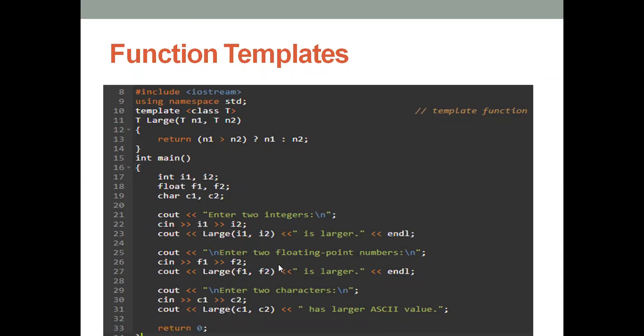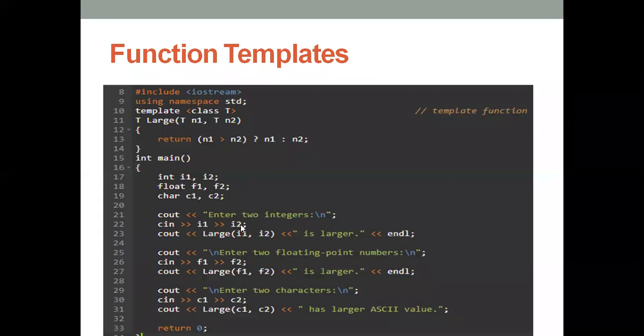Here also we are entering two float values, whatever values we enter. After the input, we are calling large with F1 and F2. Similarly, we are calling it with C1 and C2. So in this manner, a single piece of code, that is the template, we are using for integer type, for float type, and for character type.